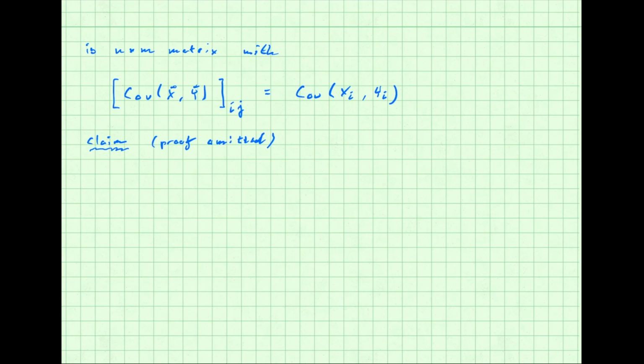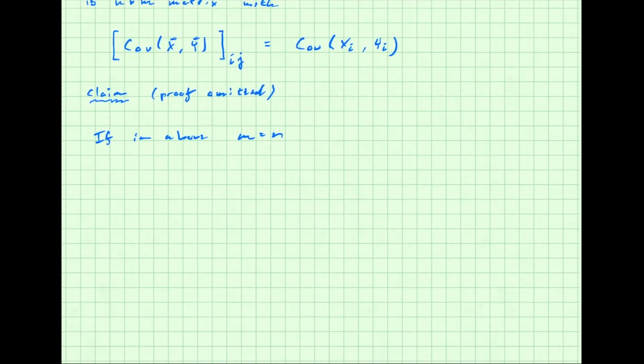So here's the claim. Let's suppose m equals n in the above, in other words, the two vectors X and Y have the same dimensions, same length. Then the variance of the sum of the two random vectors X plus Y, the variance-covariance matrix of that one random vector, turns out to look like the following.